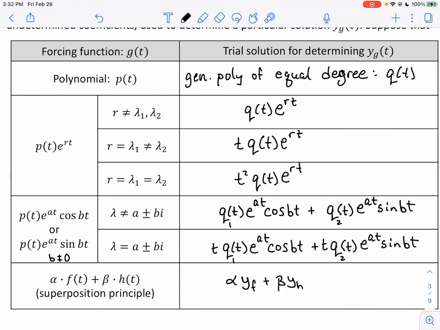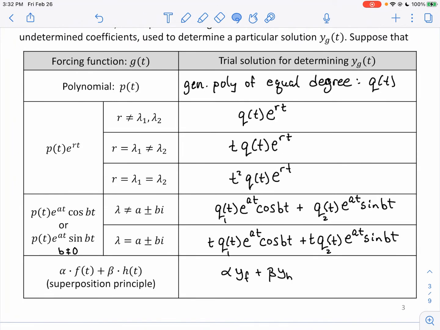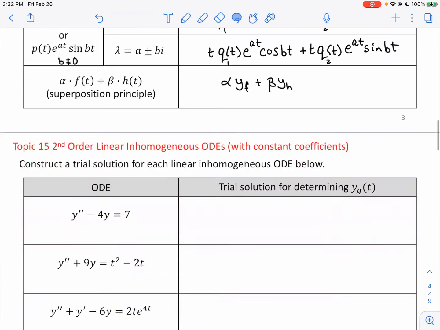This is called the superposition principle, and we're going to show you how that works in our very last slide. Okay, so there's a lot of material on this slide. We're going to come back to it a few times as we move forward.